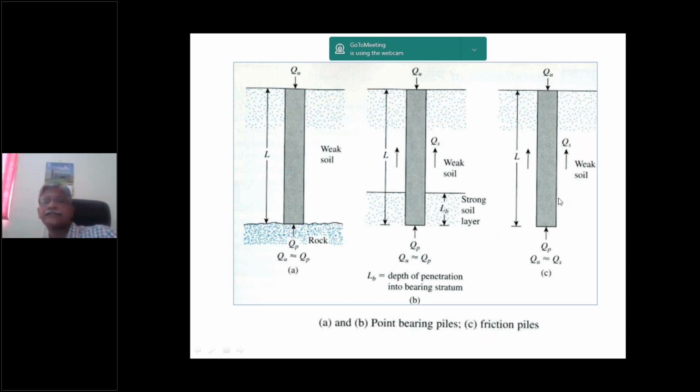In the case of only weak soil, where the pile is also resting on weak soil, only the friction will be mobilized. So in that case, the ultimate resistance equals the shaft friction load. QP will become 0 here. The point resistance is 0 because the pile is passing through only weak soil and is not resting on any hard strata.